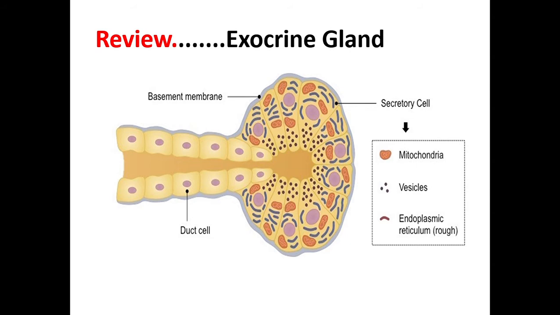Take note of the cells composing the duct of the exocrine gland and the shape of the cells composing the exocrine gland. So we have the passageway of the exocrine gland and we have the secretory cells containing mitochondria, vesicles, and endoplasmic reticulum.